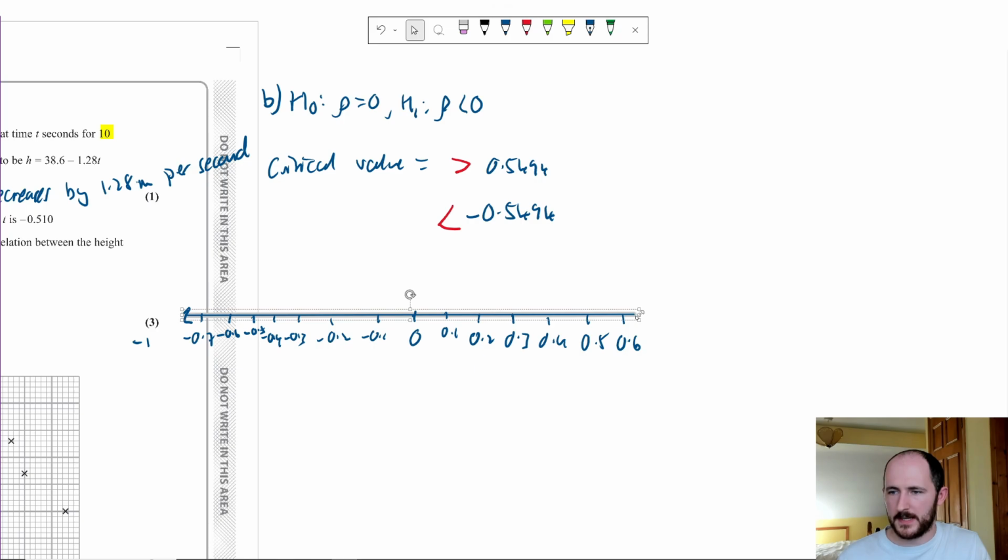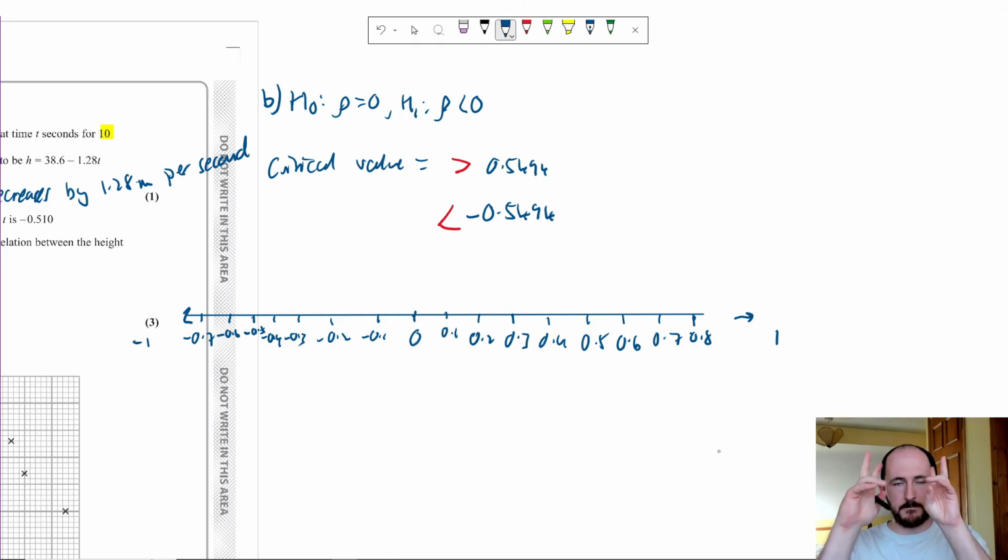When we talk about correlation, it goes between -1 and 1, where 1 is perfect positive correlation and -1 is perfect negative correlation. In other words, the bigger the magnitude of the number, the stronger the correlation. So we've got these critical values at 0.54 and -0.54 over here.